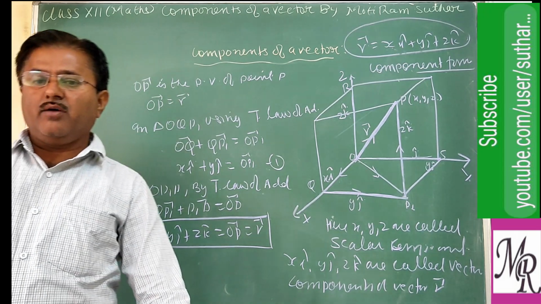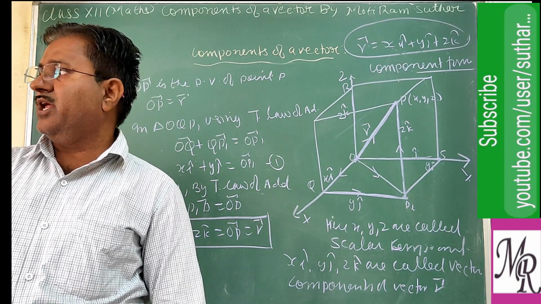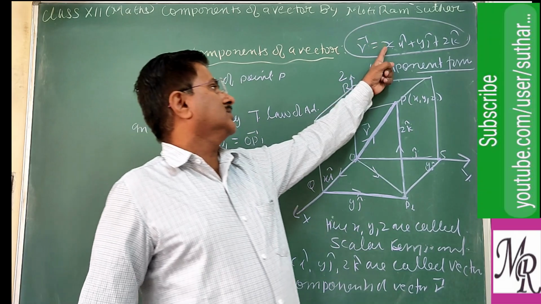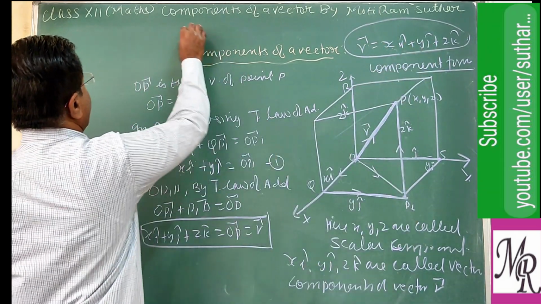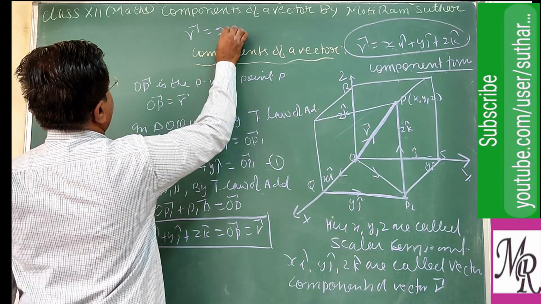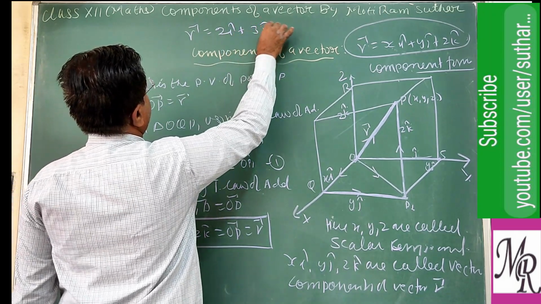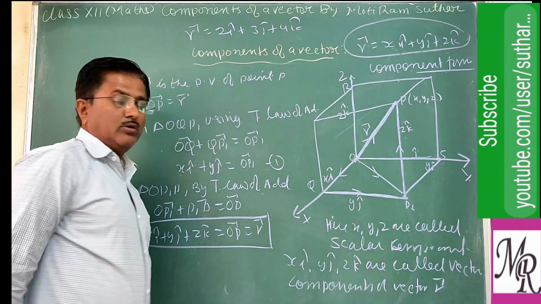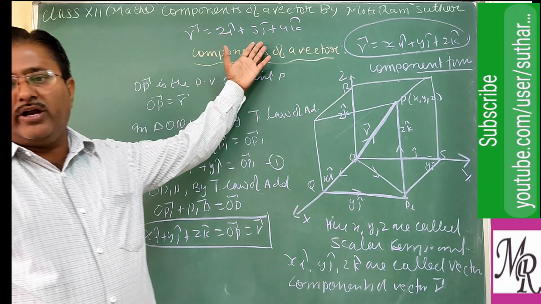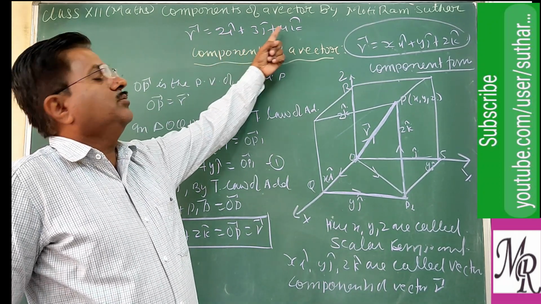What is the scalar component and the vector component? For the scalar component, we take only x, y, z. Suppose I am writing vector r equal to 2i plus 3j plus 4k. If anyone asks what the scalar components of this vector are, they are 2, 3, 4.